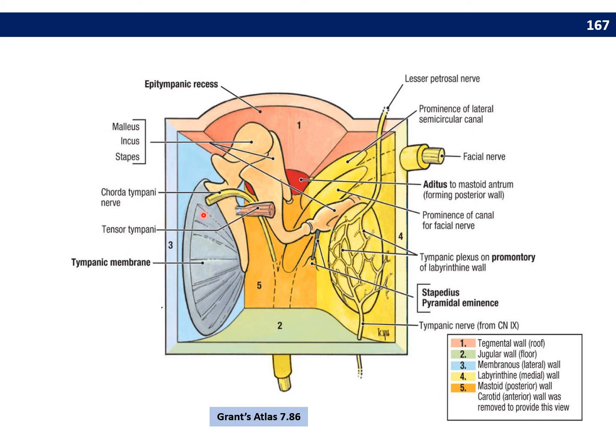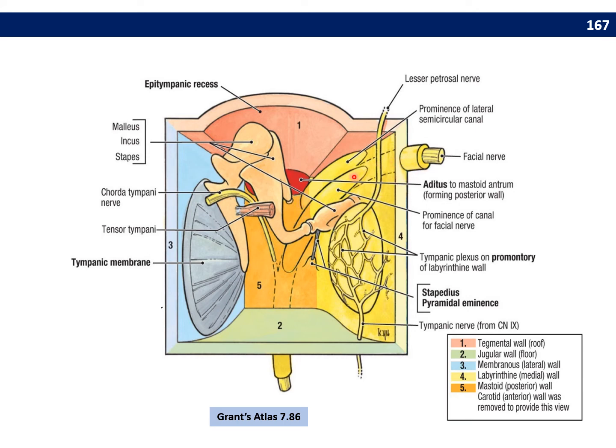Also in this picture, you can appreciate this chorda tympani. And the chorda tympani is a branch off the facial nerve. Now the facial nerve does not run through the middle ear, but it does bulge on the other side of this labyrinthine wall. So there's a bony wall right here, and you can see a bulge that immediately deep to that is where the facial nerve would be.